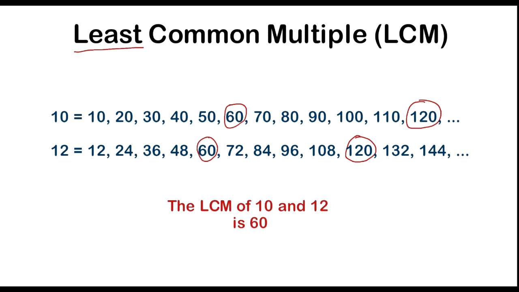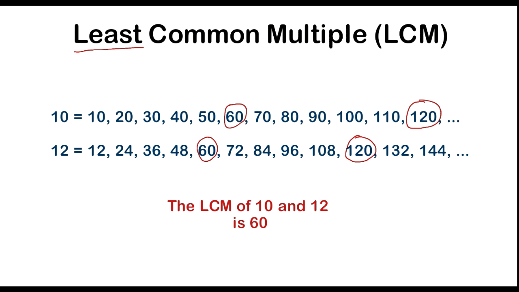But sometimes we will have larger numbers, and sometimes we will have more than two numbers. If we try to list the positive multiples and find the least common multiple from them, it will take time and it will be harder for us if the numbers are larger. There are ways to find the least common multiple easily.